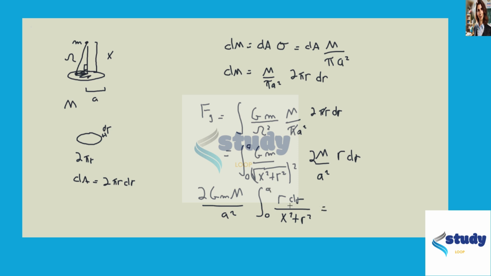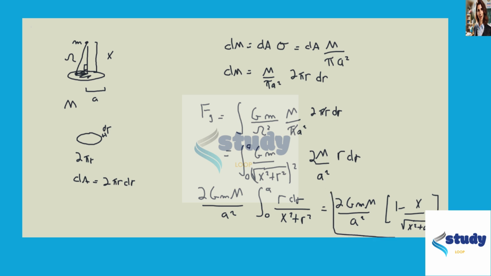At this point, you can do this integral using a U substitution. More realistically, you might look this up in a table or use your preferred method of solving somewhat hard integrals. When you do that, you should get our constant still, and then this will evaluate to 1 minus x over the square root of x squared plus a squared.